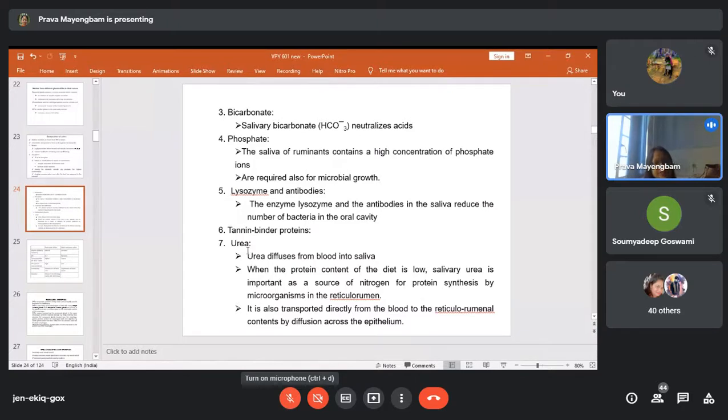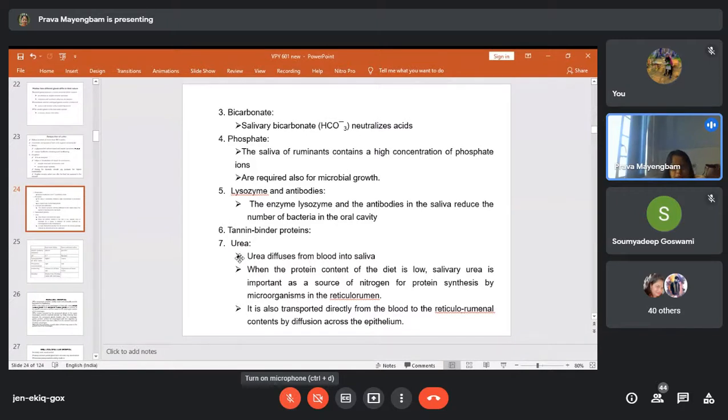Then in addition, there is also the presence of tannin binder proteins. These are certain types of proteins which can bind with tannin. Tannin is a component in the food. Later, when you study nutrition, you will read about these tannins.